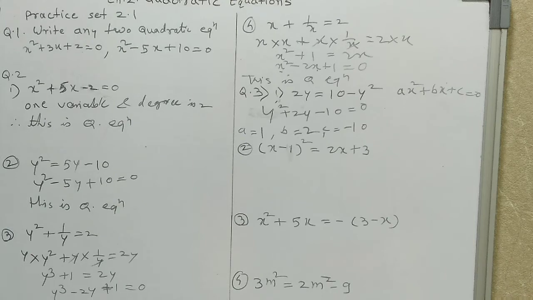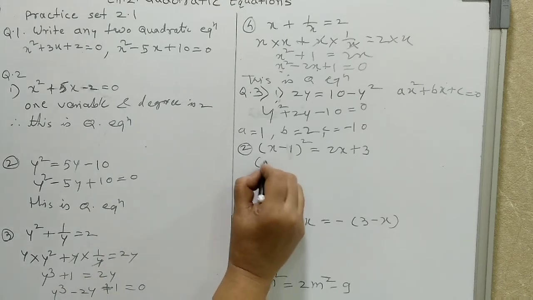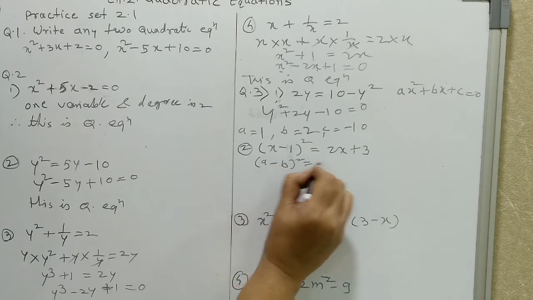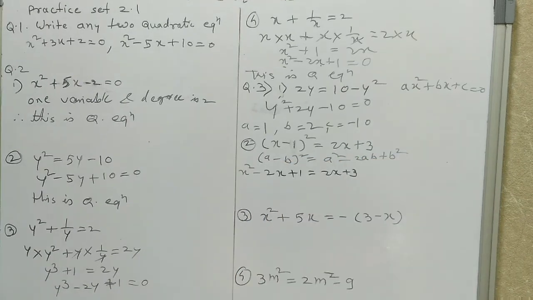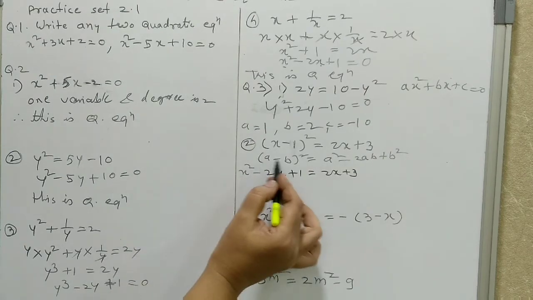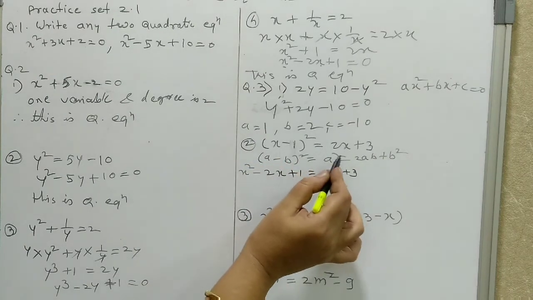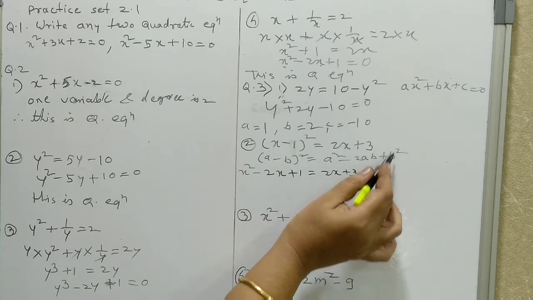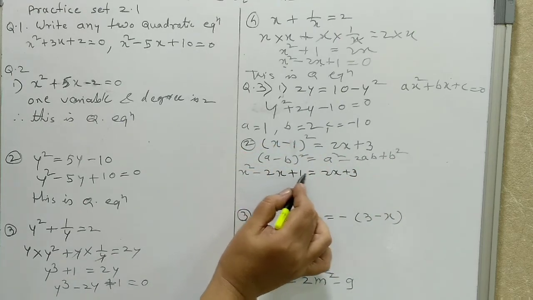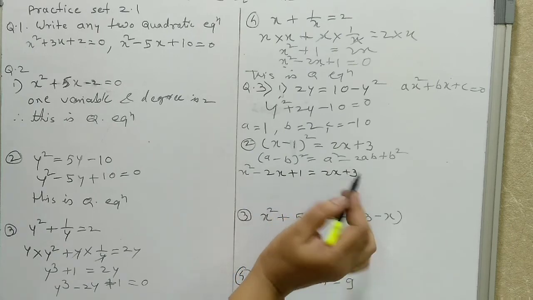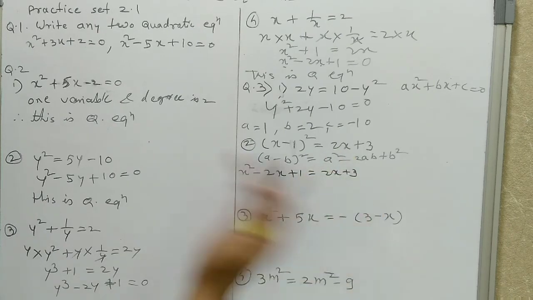See the next second example. x minus 1 whole square is equal to 2x plus 3. Now what is our formula? a minus b whole square is equal to a square minus 2ab plus b square. So we expand this: x square minus 2x plus 1 equal to 2x plus 3. 2x that side plus here minus.